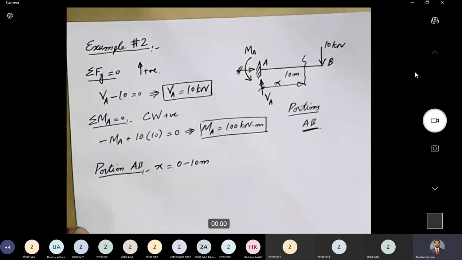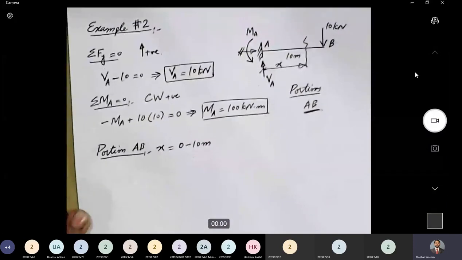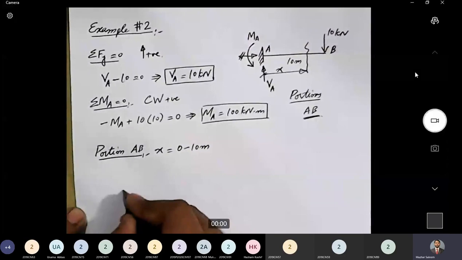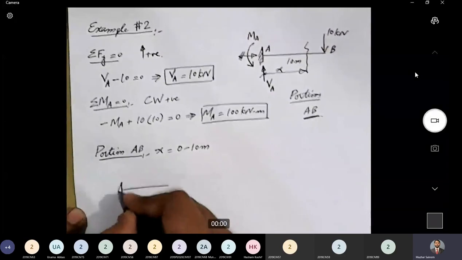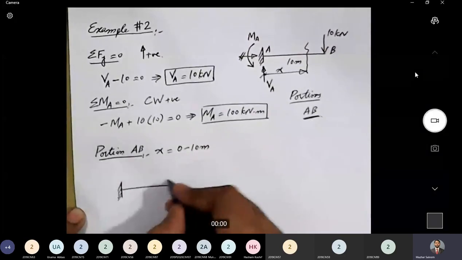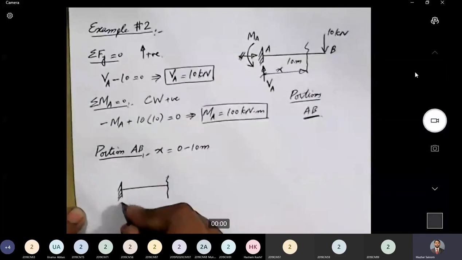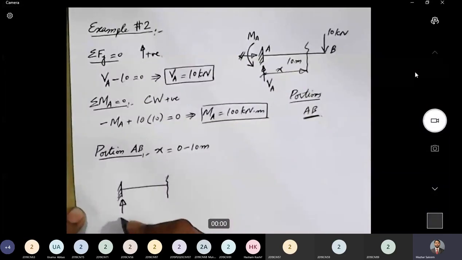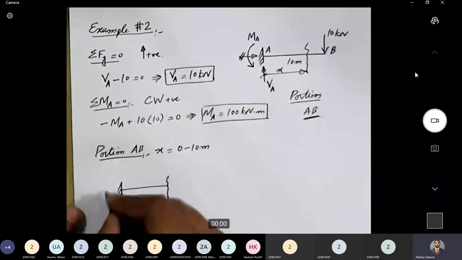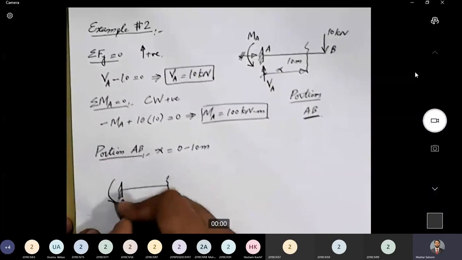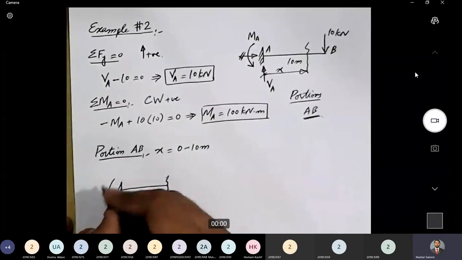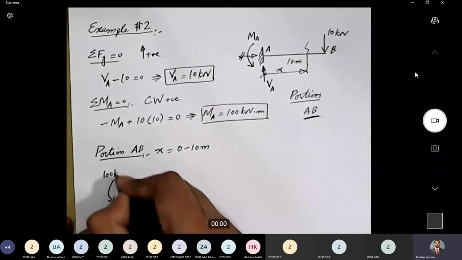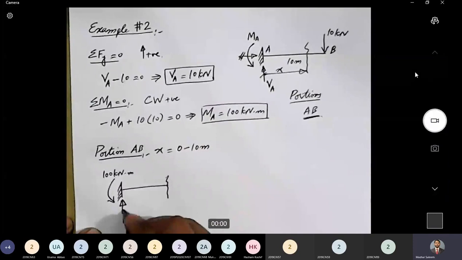Okay. Now let's draw a free body diagram for portion AB. This is the section. We have one reaction here, which is 10 kilonewton, and the other reaction is a counterclockwise moment, magnitude 100 kilonewton meter.